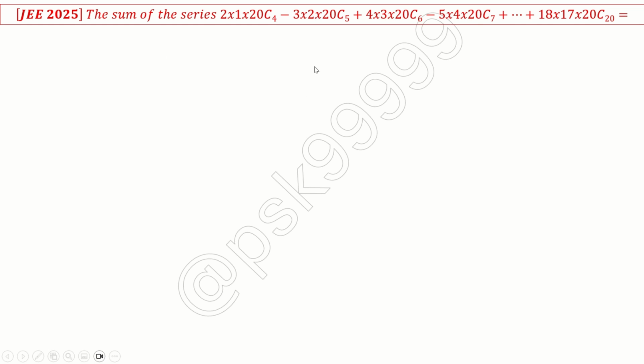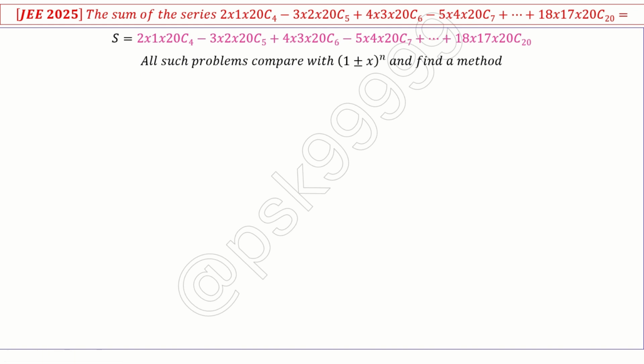For all such problems you have to remember the formula for (1 plus or minus x) whole to the power of n. Let's say this is my S, the sum which I want to find out. What I need is (1 plus or minus x) to the power of n, and a method to get to these coefficients exactly.